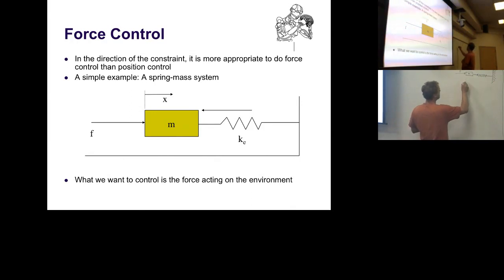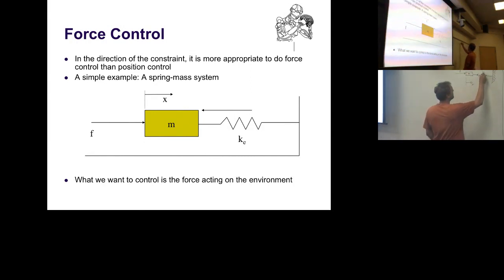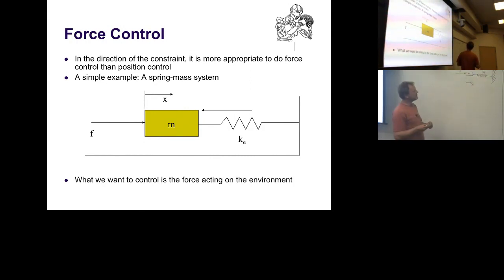We measure simply x from the point where the spring is in its rest state, so I could write delta x all the time. And we assume this has a spring stiffness Ke. So this is a super simple model of how we imagine a mass pushing against an object.